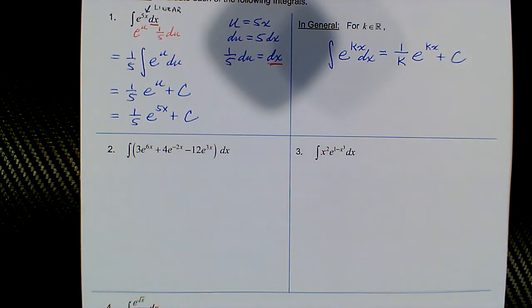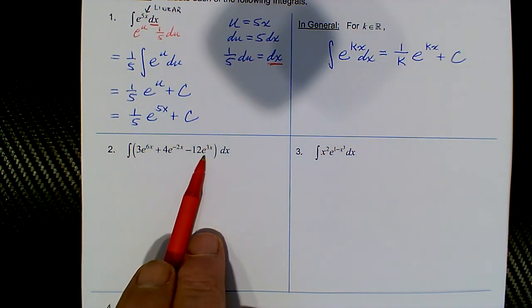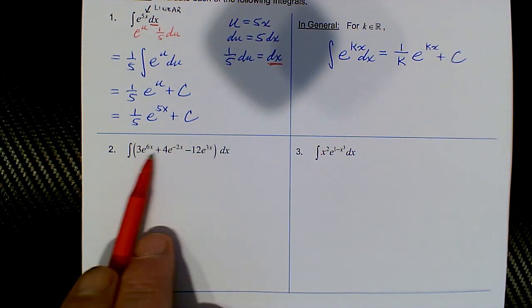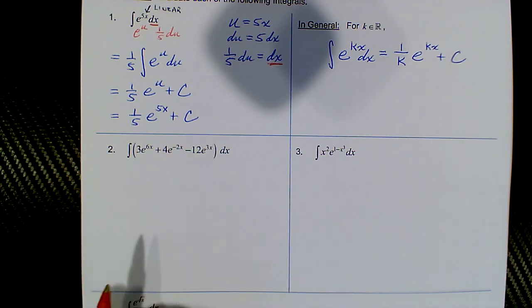Well, first thing we should check is the fact that we have a string of terms, so we know by the sum and difference rule we can integrate term by term, and we also know by the constant multiple rule that these constants tag along in the integration process. So our job is to make sure that each of the variable factors involved in the terms fit in integrable form. And they do.